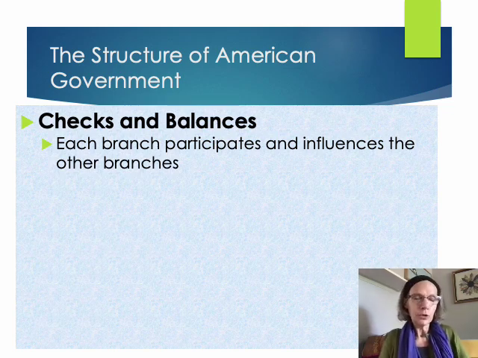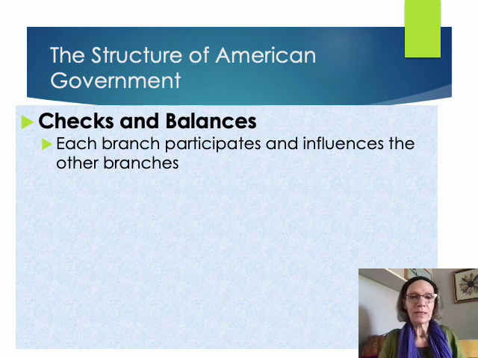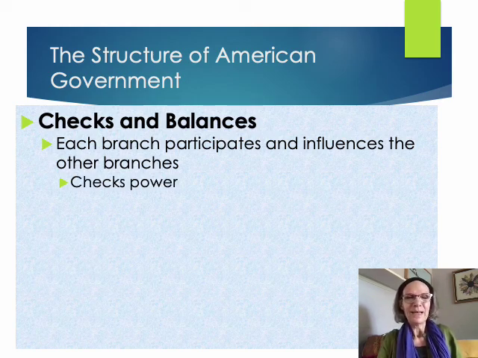Now, that's not completely true. The president has some unilateral authority in terms of issuing pardons and things like that. But for the most part, for one branch to get something done, it needs the oversight, influence, and participation of other branches. And the whole idea here is that it checks power, right?